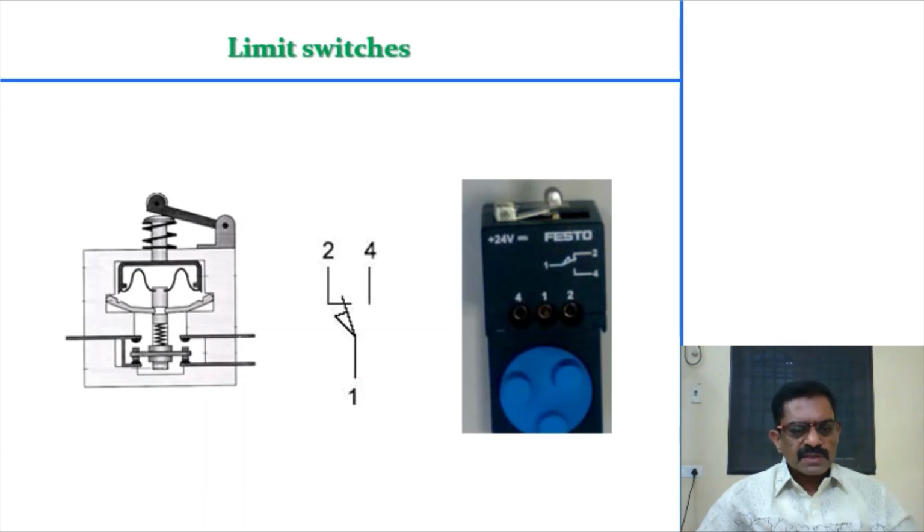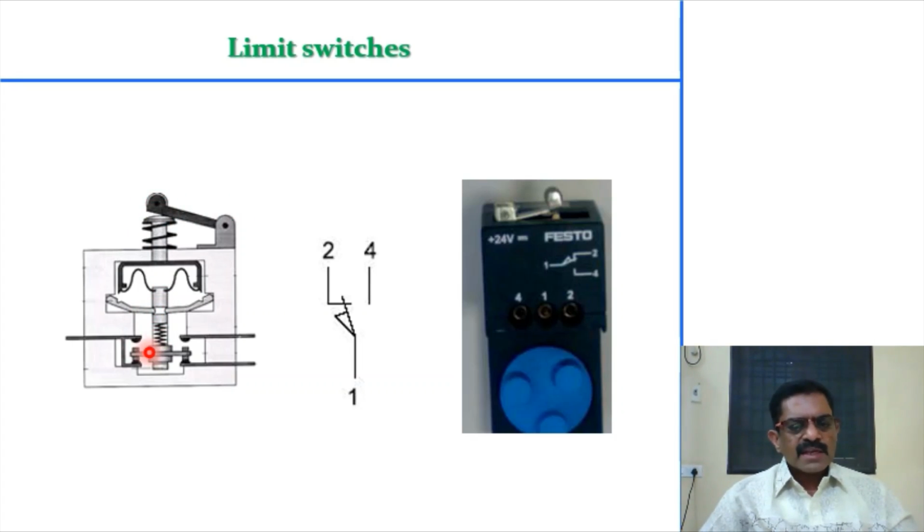Limit switches. Suppose you have a plunger or a piston, and the piston moves from the blank end to the rod end, so that the piston can be made to hit this. If anything touches here, this will go down and it will close the contact.